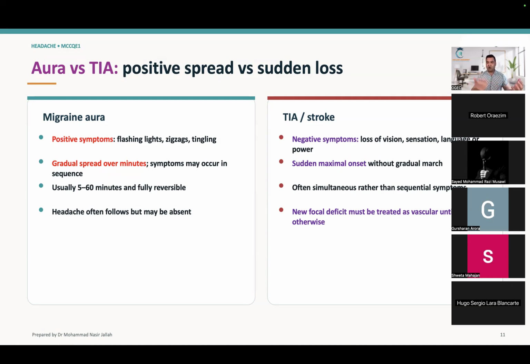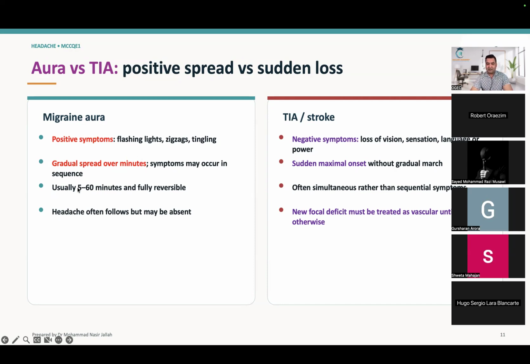But when you have the aura, you start seeing it. So it's adding on, right? Something that you didn't have. Now you have it. That's called positive symptoms. Zigzag, you don't see it on a daily basis, but now the aura comes, and you see zigzag or sights. Now, this is something that adds on. Tingling sensation, you didn't have it, but now you have it. So it adds on.